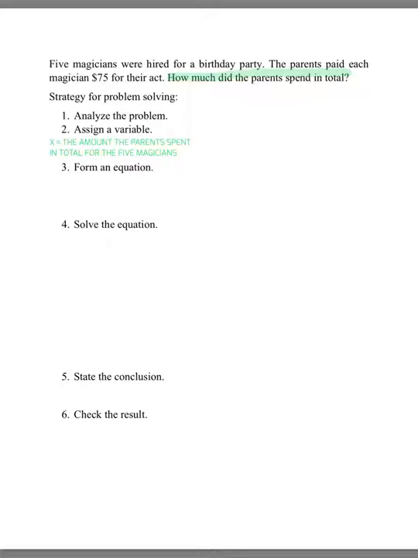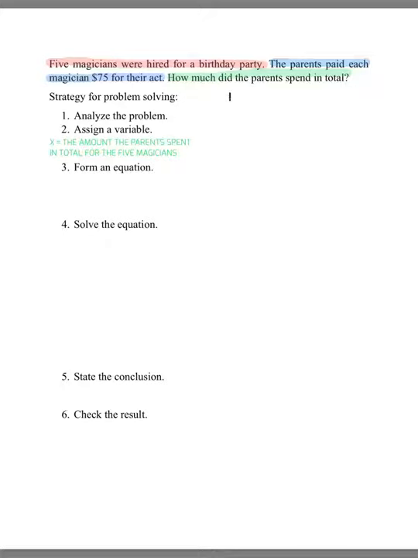So let us continue analyzing the problem. We know 5 magicians were hired for a birthday party. And we also know that the parents paid each magician $75 for their act. So let's suppose we only hired one magician. Just one.